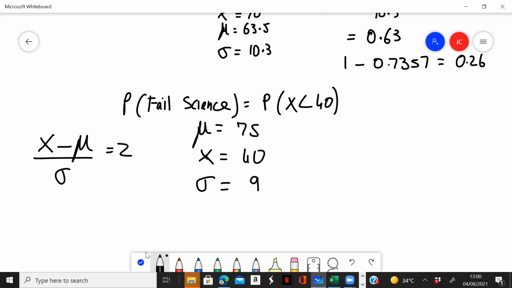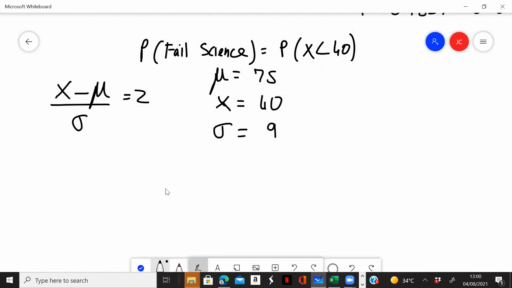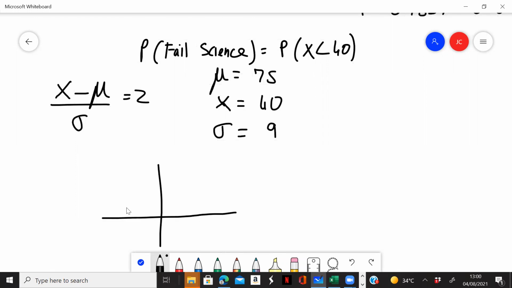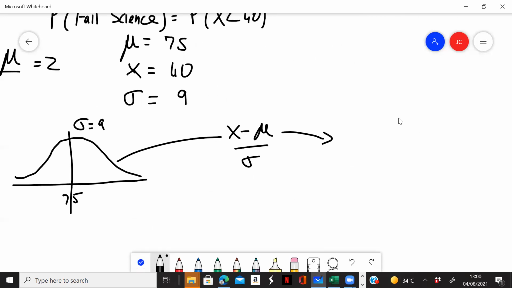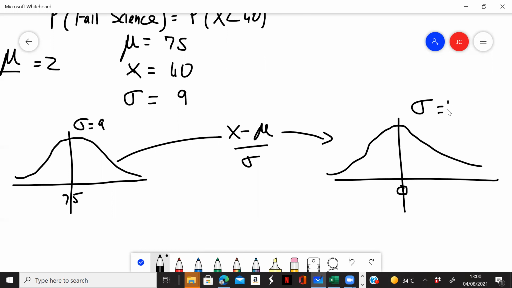Now we're going to do the translation. We have a normal distribution with a mean of 75 and a standard deviation of 9. Through the formula, x minus mu over sigma, we're going to translate it to a standard normal distribution with mean 0 and sigma equals 1, same as before.